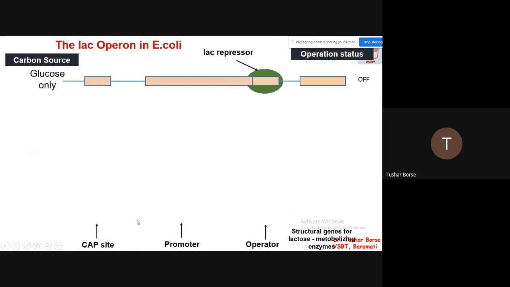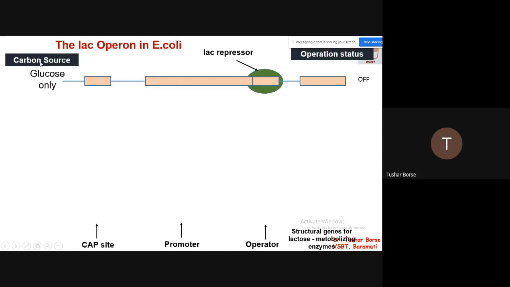Now you might have studied these different types of regulation systems. The operons are the very best example here. You have the lac operon, the tryptophan operon, the galactose operon. I will not explain all of this in detail, as I think you might have studied operons in molecular biology. Here, what I want to emphasize is the carbon source.